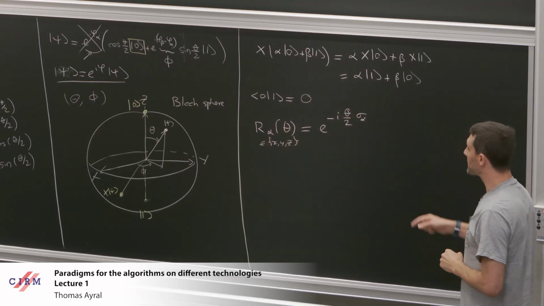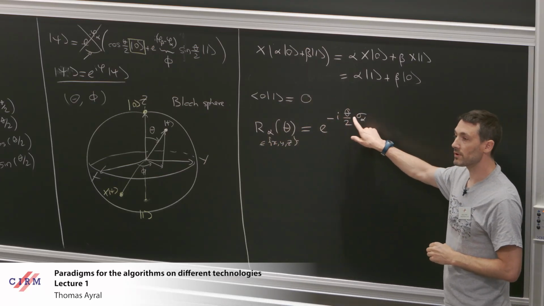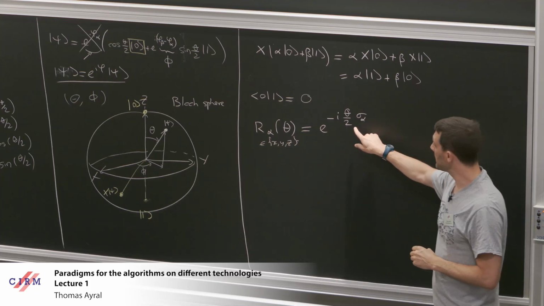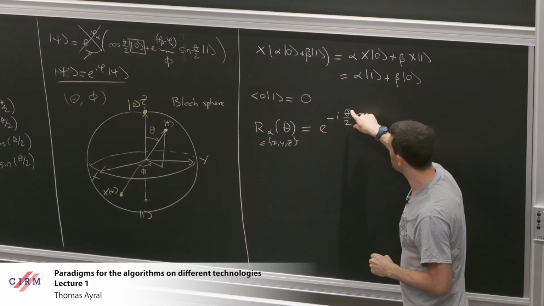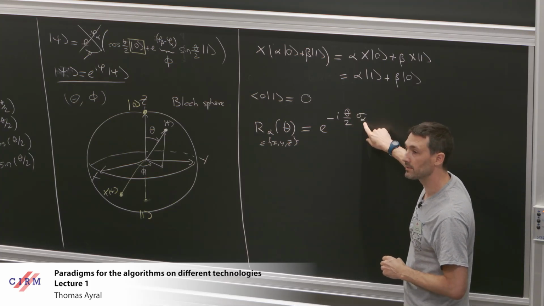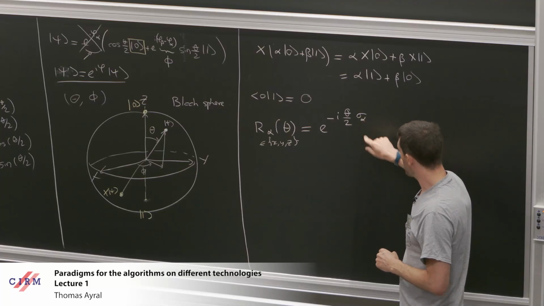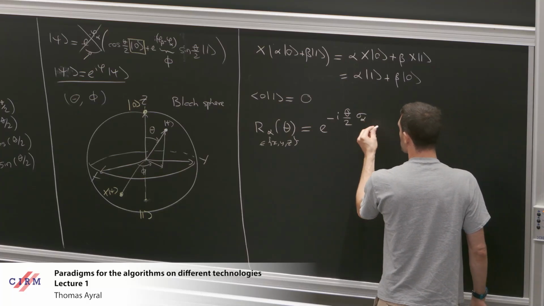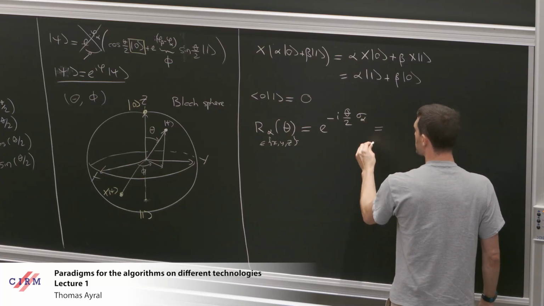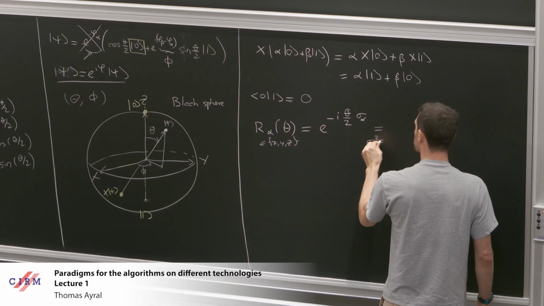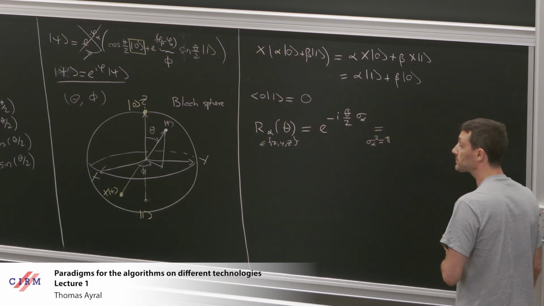And my claim here is that this exponential of a matrix actually does a rotation by angle theta around axis alpha. Something that is very easy to show by using the fact that sigma alpha squared is identity.